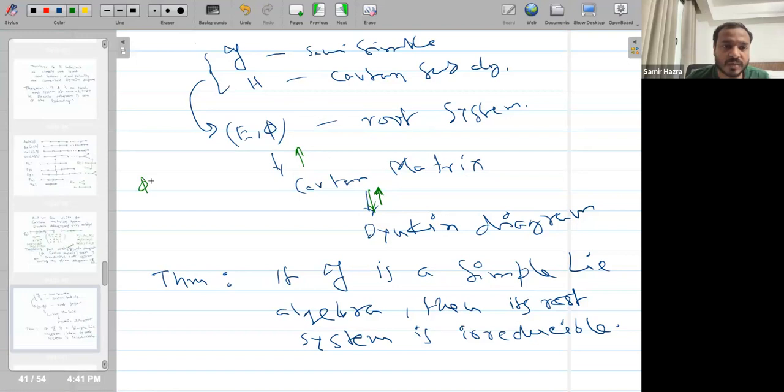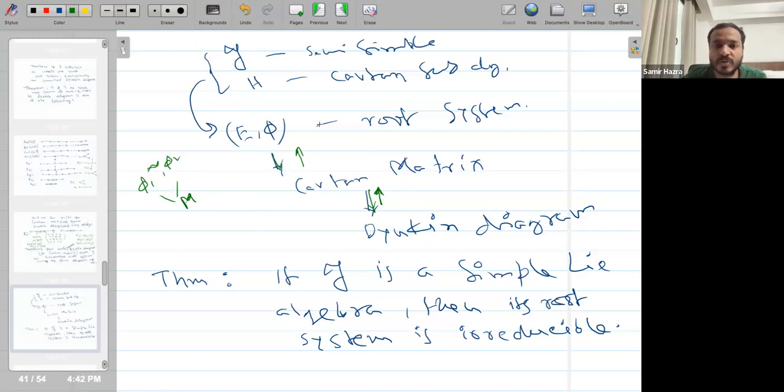So basically, if two root systems phi 1 and phi 2 give the same Cartan matrix M, then phi 1 is isomorphic to phi 2. And if two systems are already isomorphic, then their Cartan matrices are the same for sure. So there is this one-to-one correspondence also.